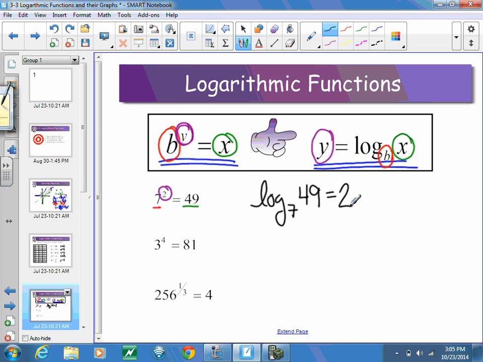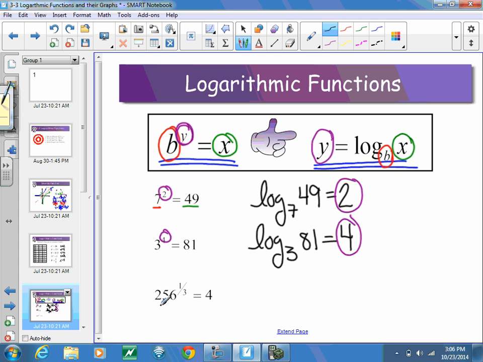Notice that it equals the exponent. The next one here, 3 to the 4th power equals 81. So we're talking about the log with a base of 3 of 81 equals 4. So again, it's equal to that exponent because that's what we're doing when we solve logarithms.